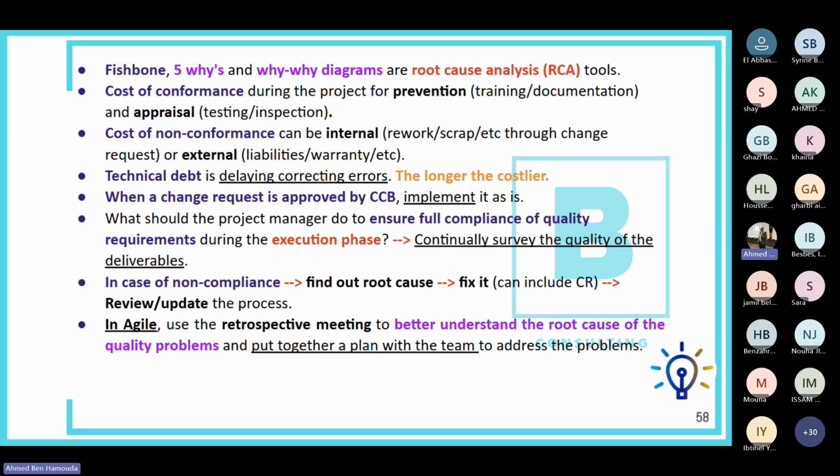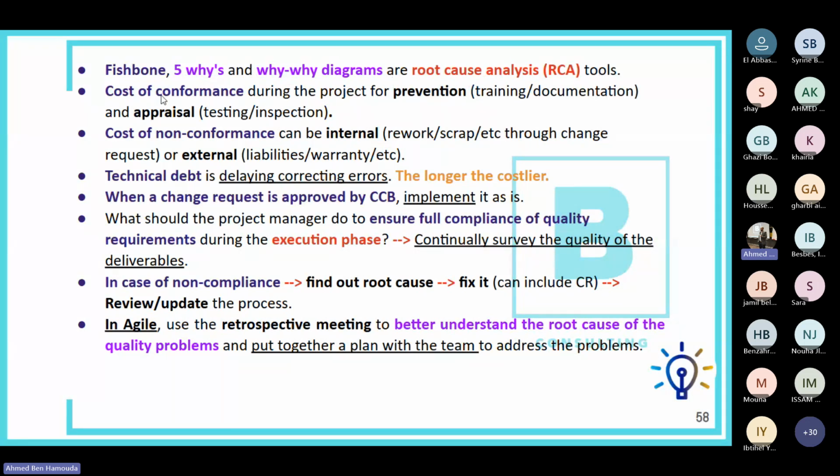Definitely, what we can do is we need to analyze the root cause of such a problem or issue or defect, etc. And we can have different root cause analysis techniques, such as the Ishikawa diagram or the fishbone diagram, asking 5 times why, etc. These are all root cause analysis tools, right?